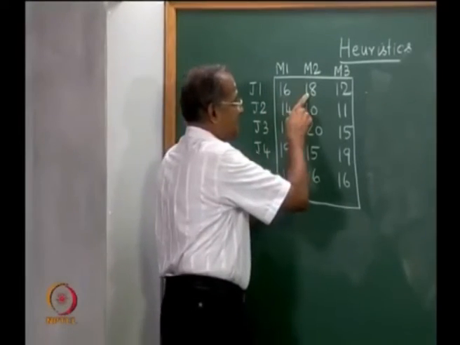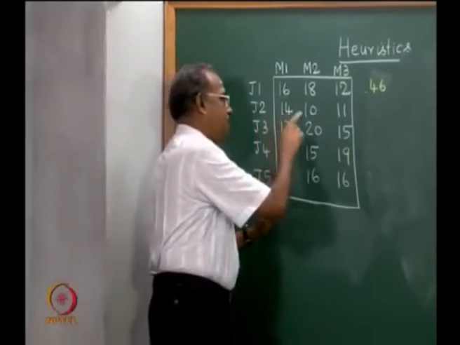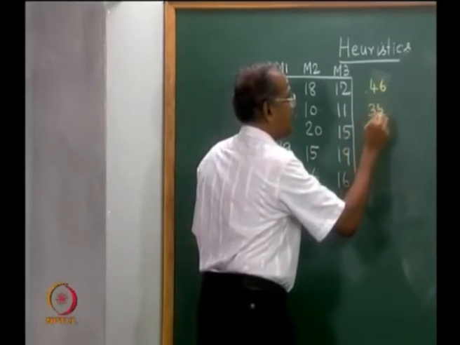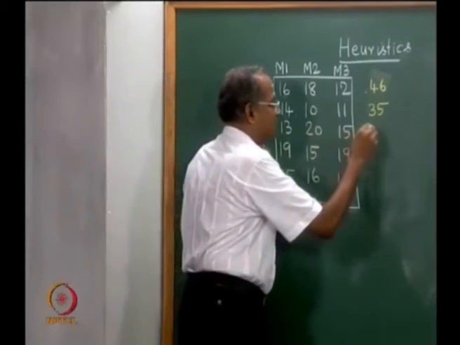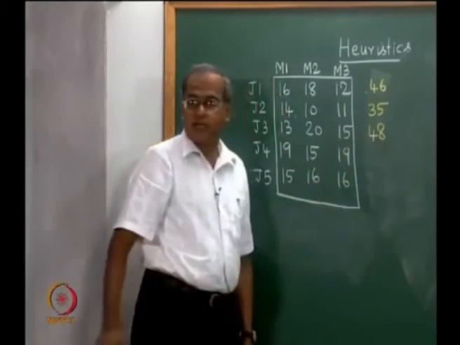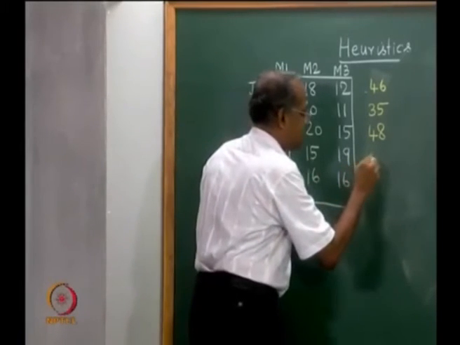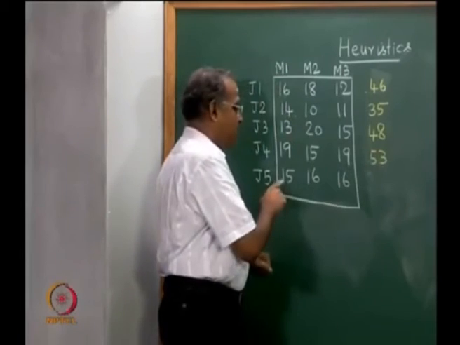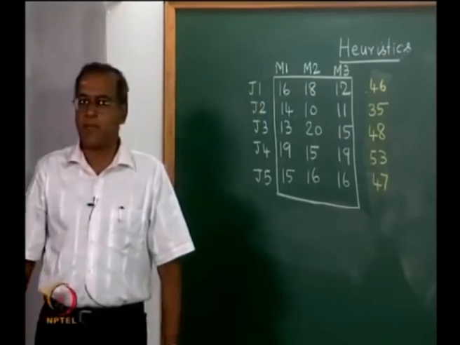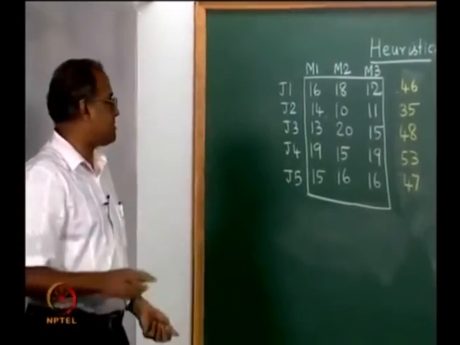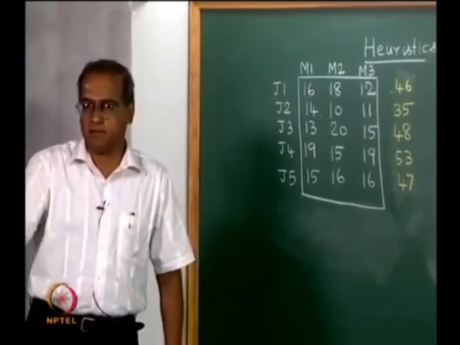So, 16 plus 18, 34 plus 12, 46, 14 plus 10, 24 plus 11, 35, 13 plus 20, 33 plus 15, 48, 19 plus 15, 34 plus 19, 53, 15 plus 16, 31 plus 16, 47. So, now we arrange the jobs in decreasing order of the total processing time.